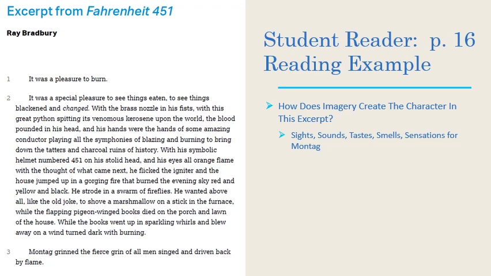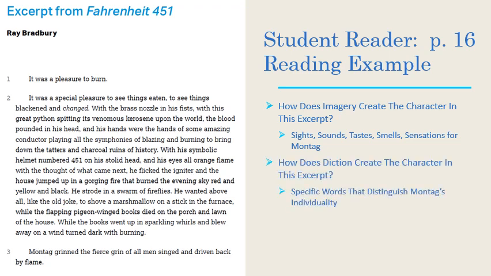We'll be looking for how sights and sounds and tastes and smells and other sensations create this character named Montag, who I don't think is named in this short excerpt, but I can just tell you Fahrenheit 451 is a very famous book by Ray Bradbury, and the main character's name is Montag, so this is all about him.